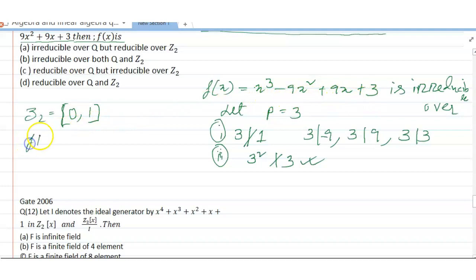When f(0), it is 1, and when f(1), it is also 1 minus 9 plus 9 plus 3, which gives 4, and this is equal to 0 mod 2. But as this does not equal 0, so it is irreducible.